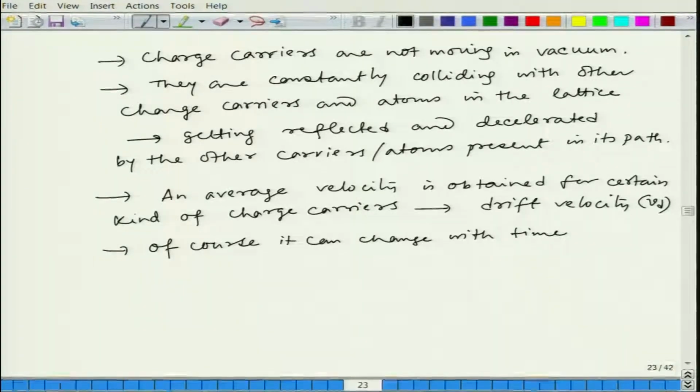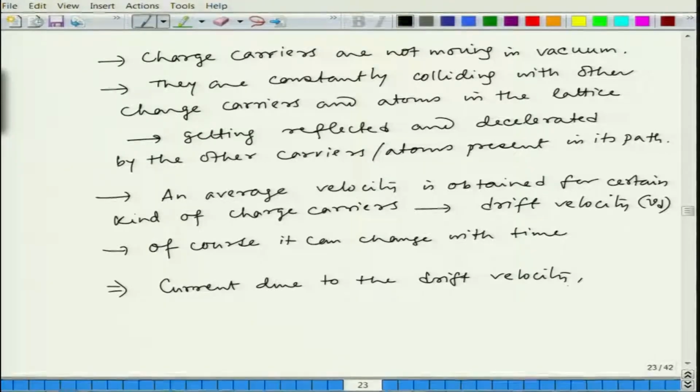Now, if you have that drift velocity, the effect of that on current, so the current due to the drift velocity would be, let us say, I n, where I stands for current, n stands for electron, and let us put drift, because it is drift only current.